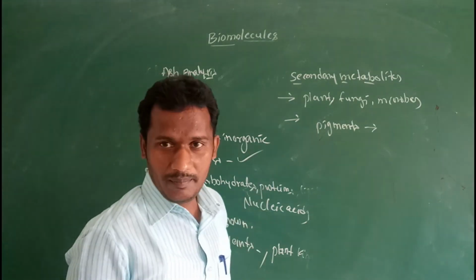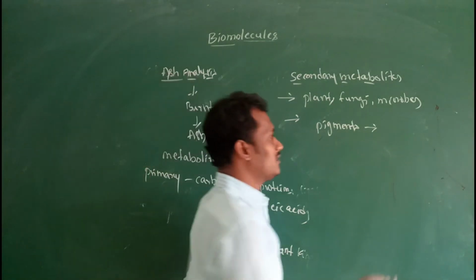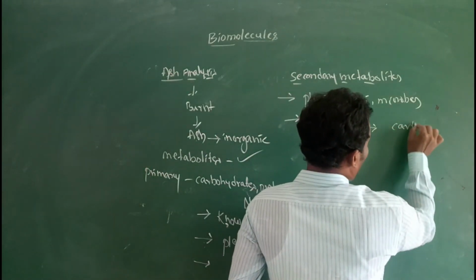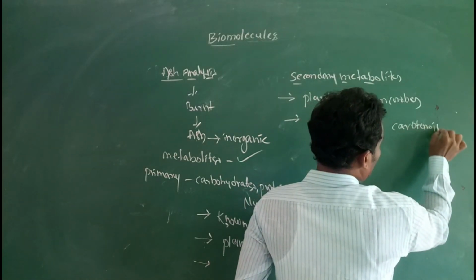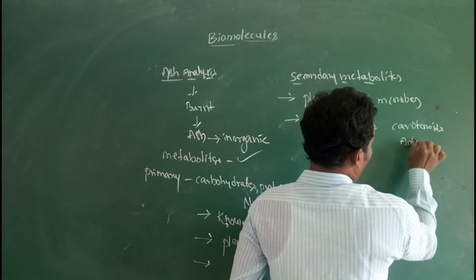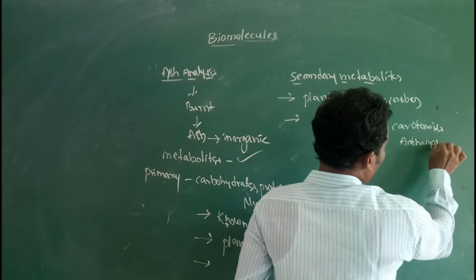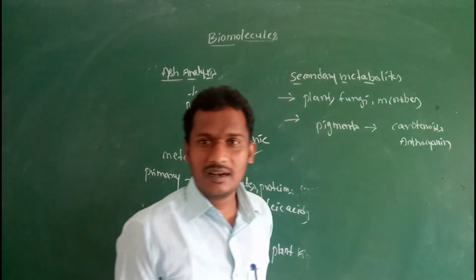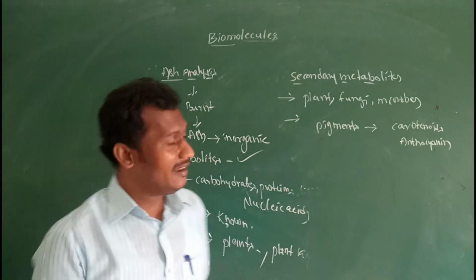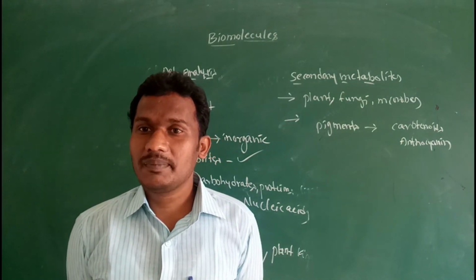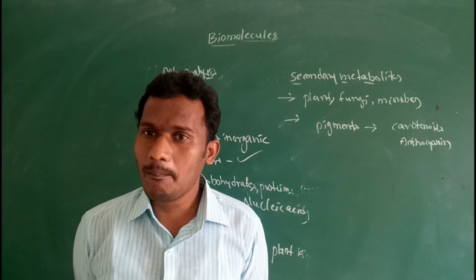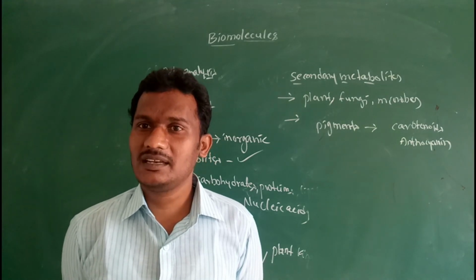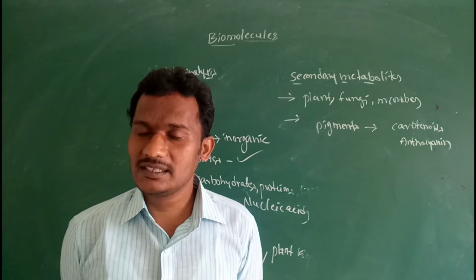So pigments other than chlorophylls are carotenoids and anthocyanin. Anthocyanin is present in the vacuole of the plant cell.